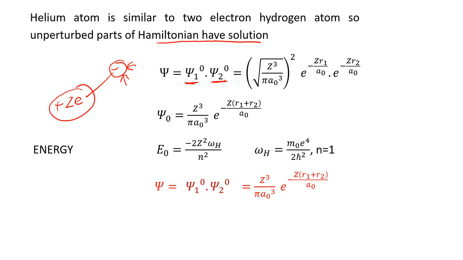Its value is given by psi 1 naught equal to under root Z cube upon pi a naught cube, e to the power minus Z r1 upon a naught, where a naught is the Bohr radius.